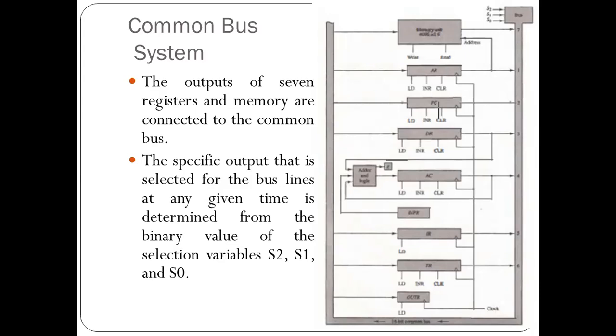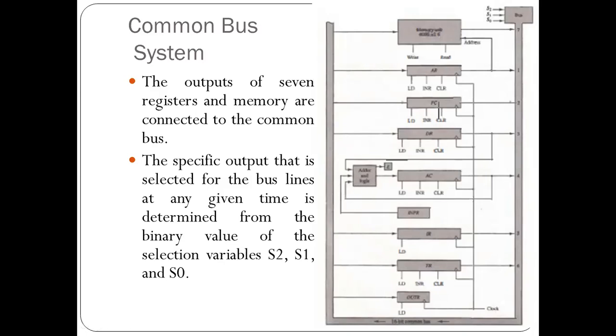This data will not be transferred to any other register. Directly it is given to the adder and logic. This is what we call the ALU, arithmetic and logic unit, where the operation is carried out.